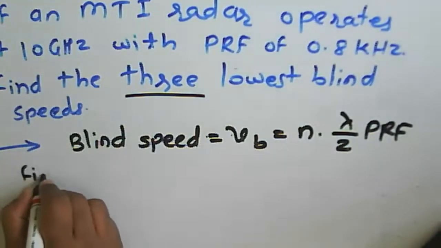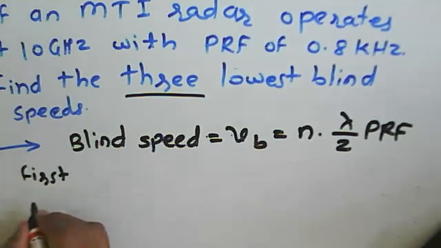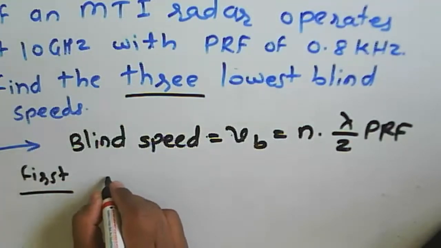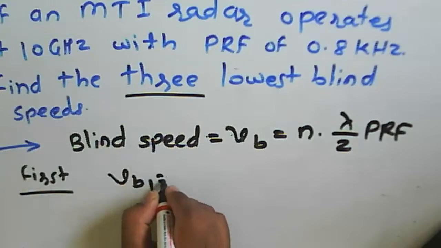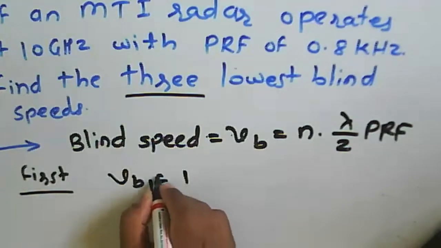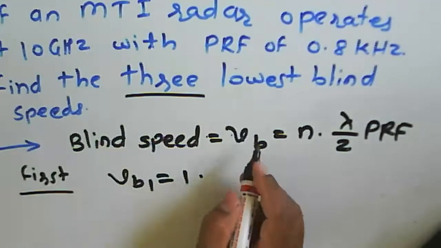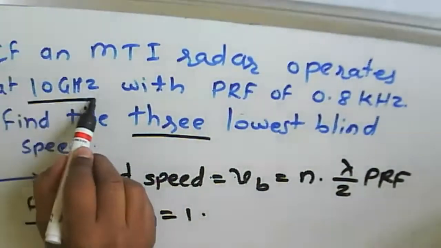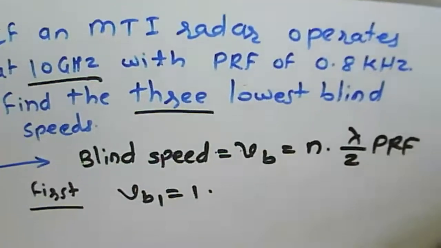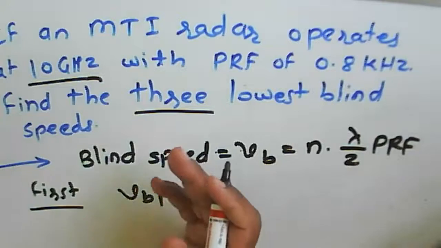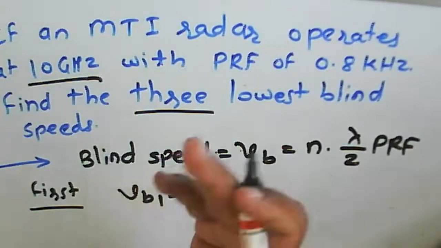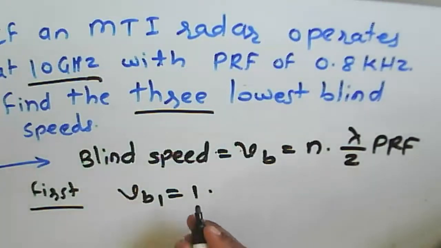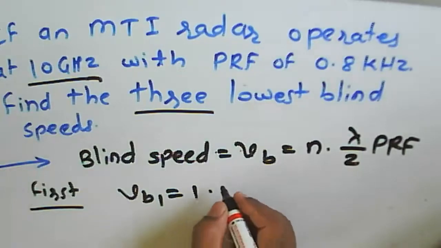So we can find the first blind speed. VB1 is equal to n equal to 1 into lambda. Lambda: it is given that the radar operates at 10 gigahertz. Solving for the wavelength, lambda is equal to c by f, so 3 into 10 to the power 8 divided by 10 gigahertz, which gives 0.03.